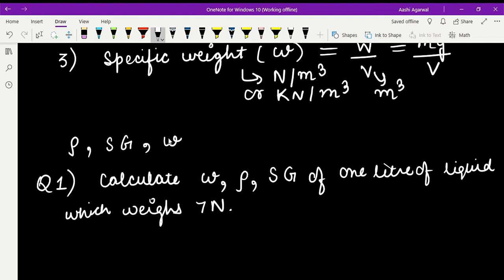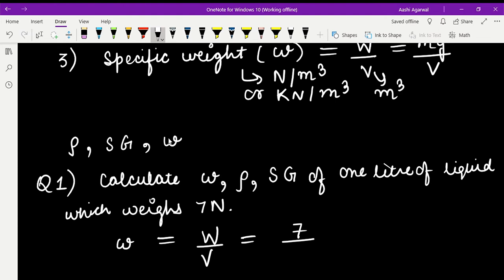So you can find out the specific weight very quickly, because you know specific weight is nothing but weight per unit volume. Volume is given to us and weight is also given to us. So weight is 7 Newton and volume is 1 liter.